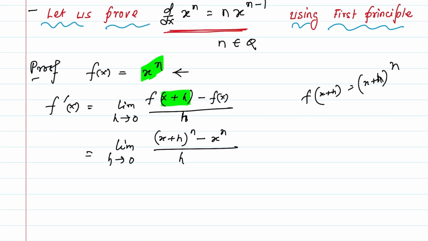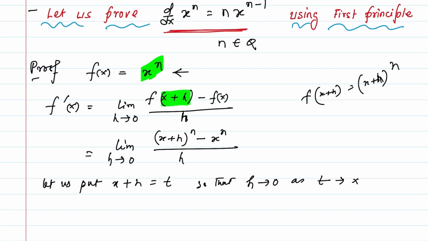Now let us put x plus h equal to t, so that h tends to 0 as t tends to x.